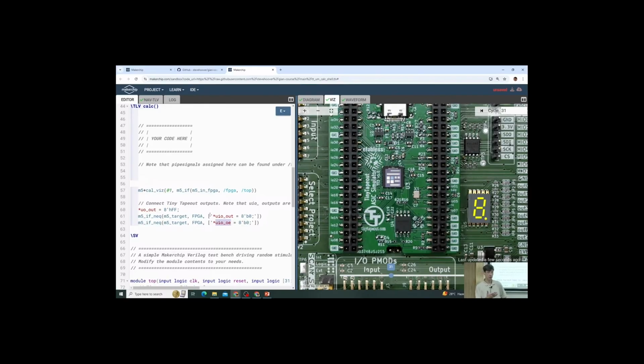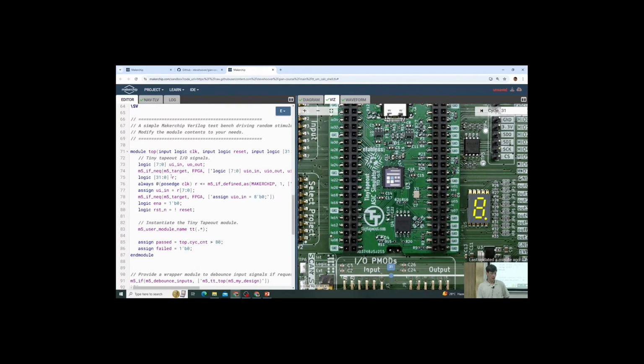The FPGA boards that we have don't have those 8. That's why we have the condition here that's saying if we're targeting the FPGA platform, we don't have these. Don't worry about the syntax, but this is conditioning off those assignments if we're building for the FPGA boards.